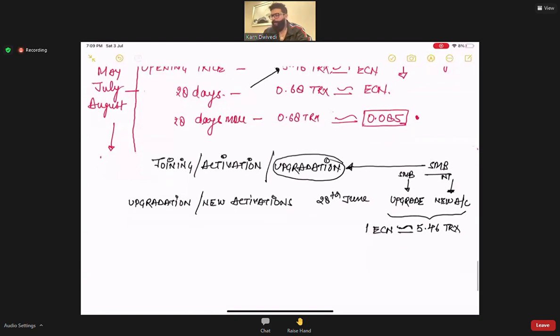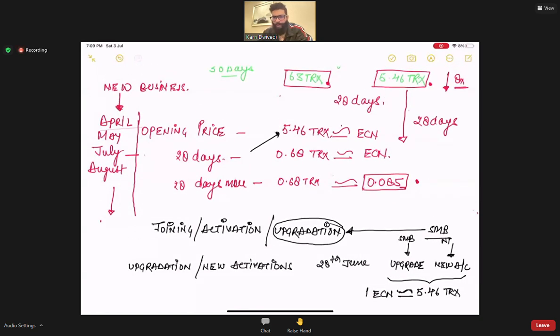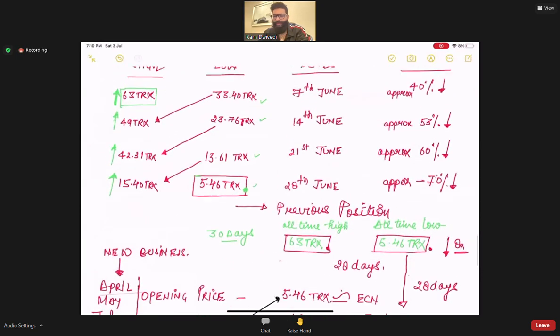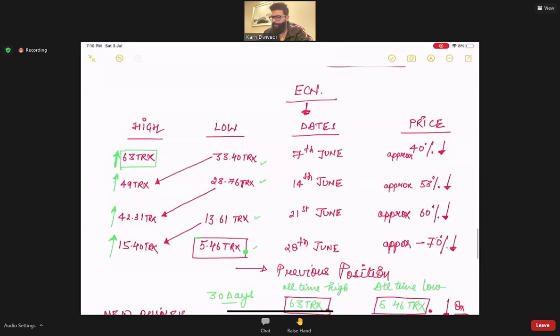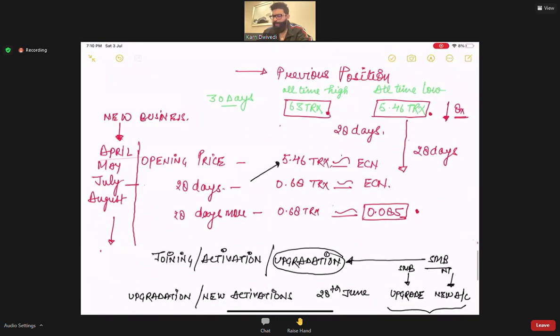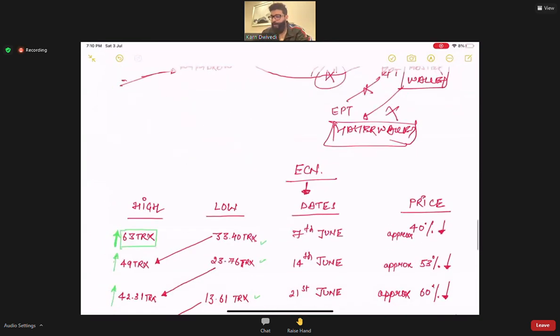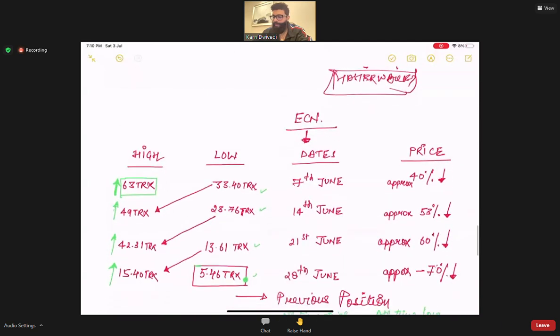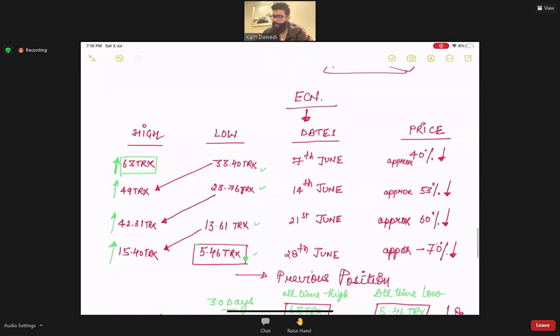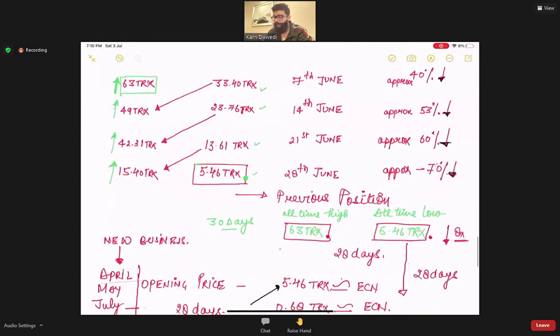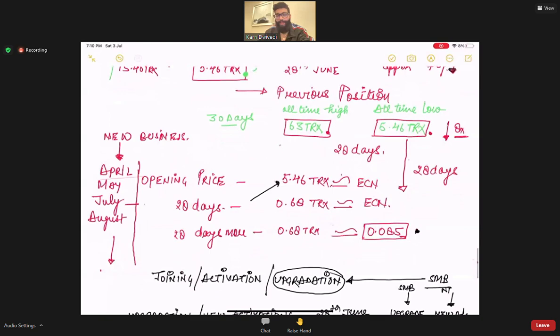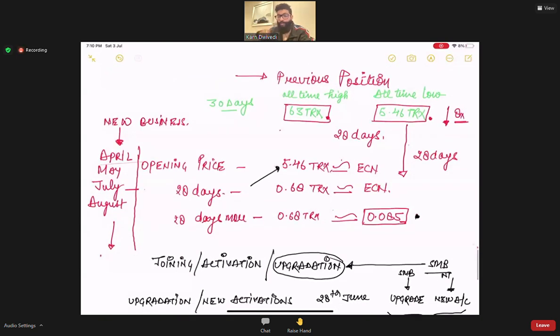Okay. Looking at the picture, based on the facts and on the database and on the history of performance of ECN in last 1 month, we come to a conclusion that after 2 months, the price will be 0.085 or worse, because the ratio of drop was getting bigger. The ratio of drop 40%, 53%, 60%, 70%. The ratio of drop is getting bigger. However, in this calculation, we kept the loss same. We didn't raise the loss.